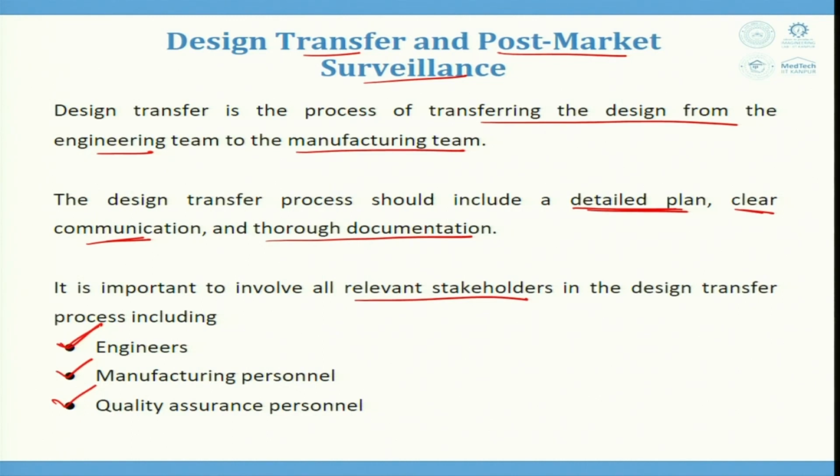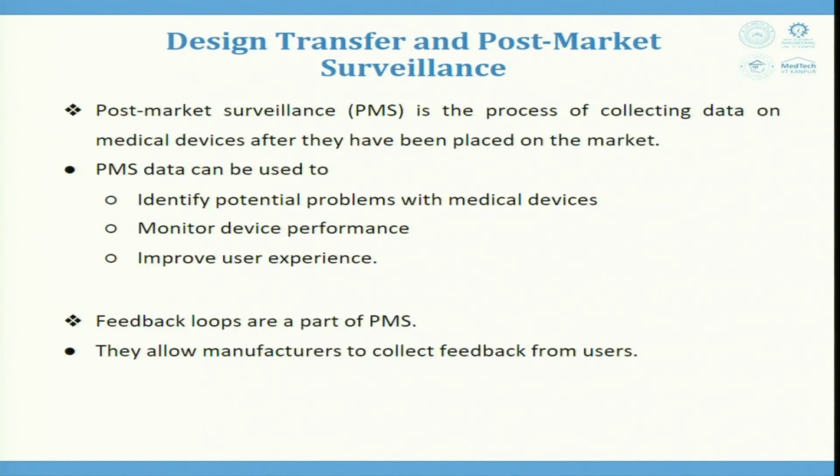So, post-market surveillance is an important process. This is a process of collecting data on medical devices after they have been placed on the market. The post-market surveillance data can be used to identify potential problems in medical devices, monitor device performance, improve user experience.